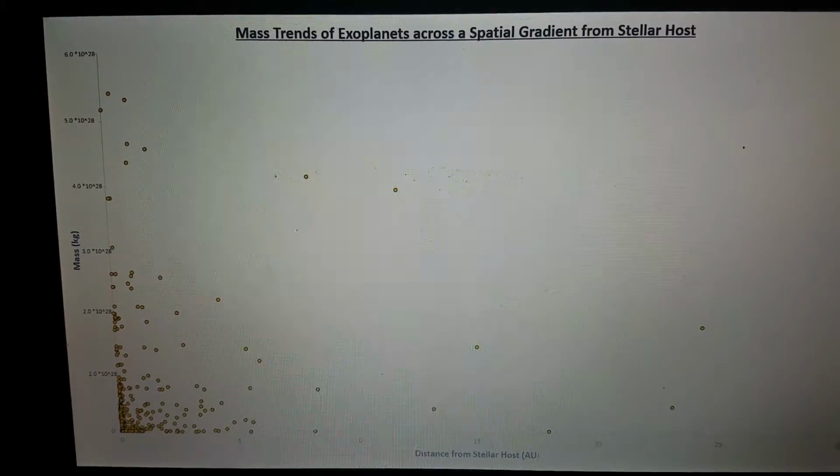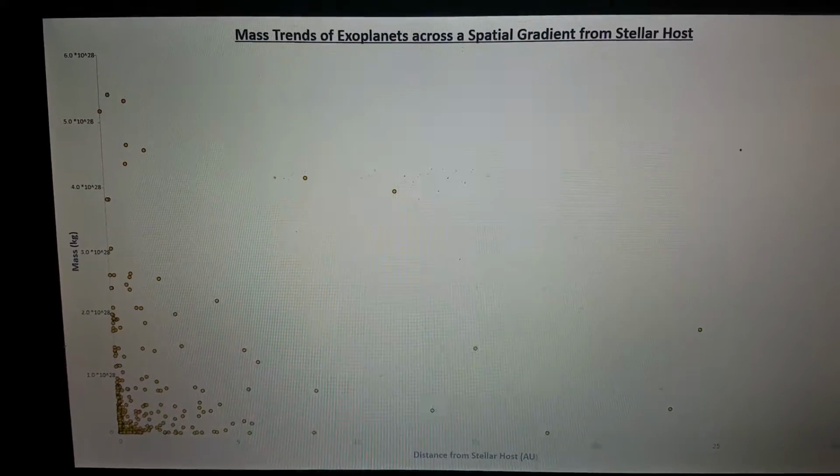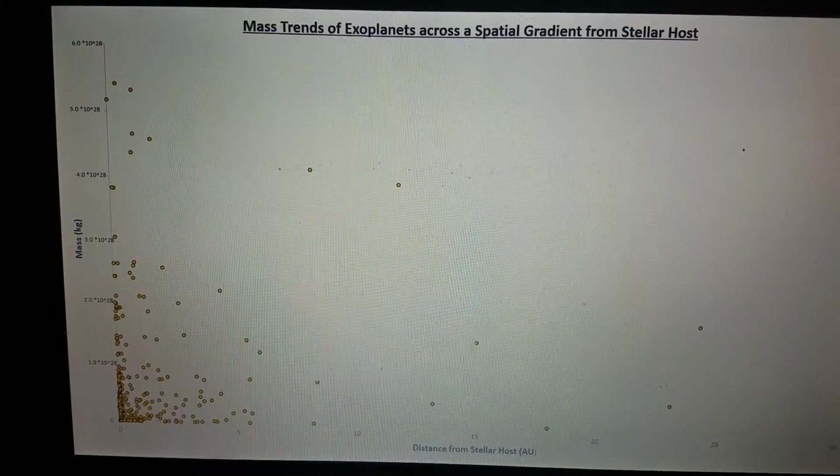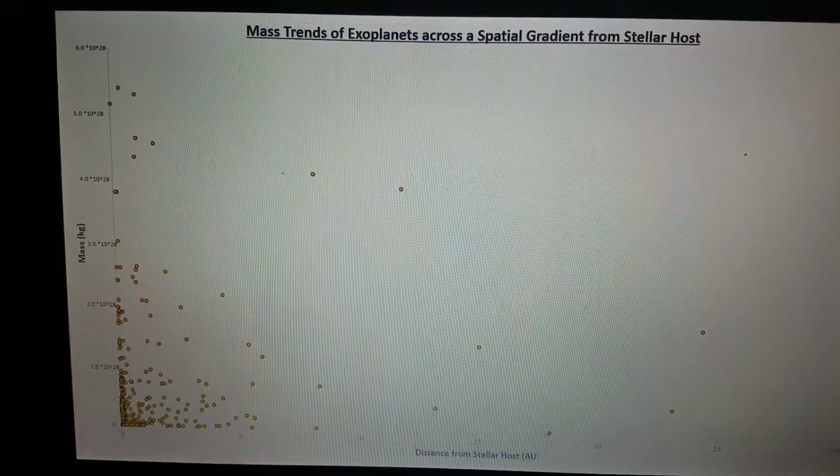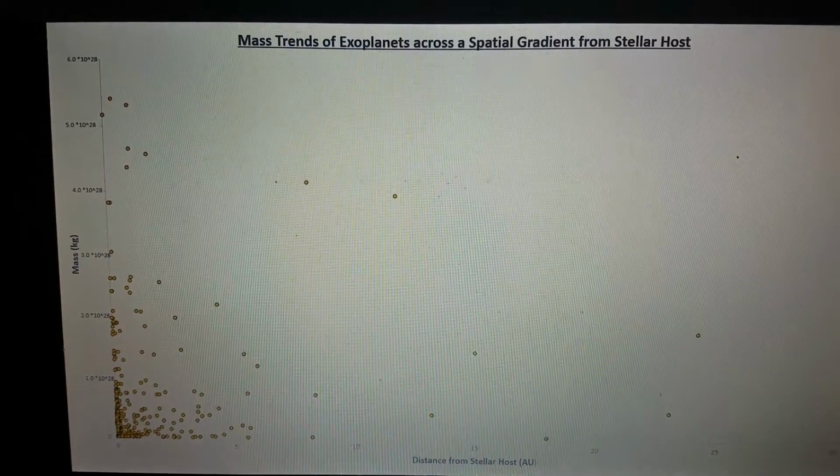So for my data collected, the first graph we see here is mass, with the x-axis being the distance from the star in astronomical units, and the mass being in kilograms. However, we don't see a linear trend like we would like. It's quite flat.